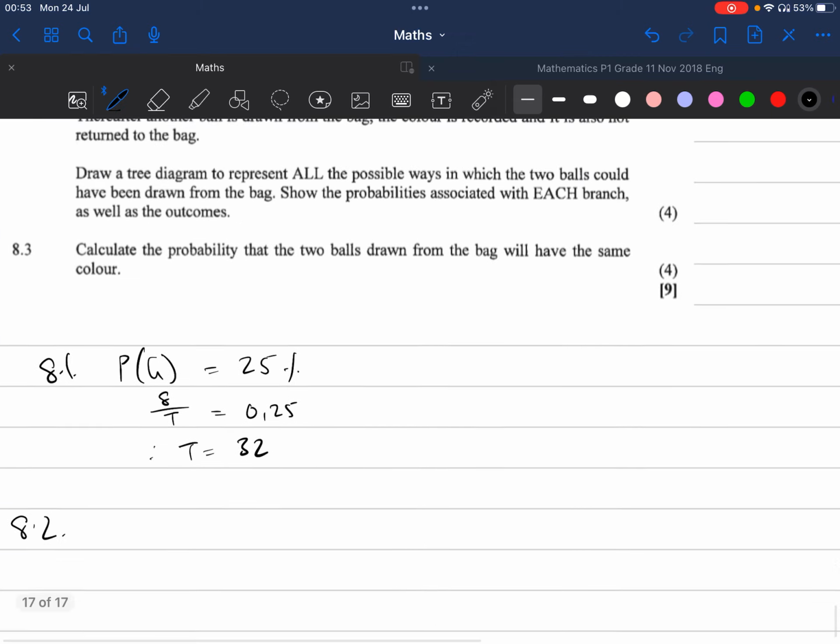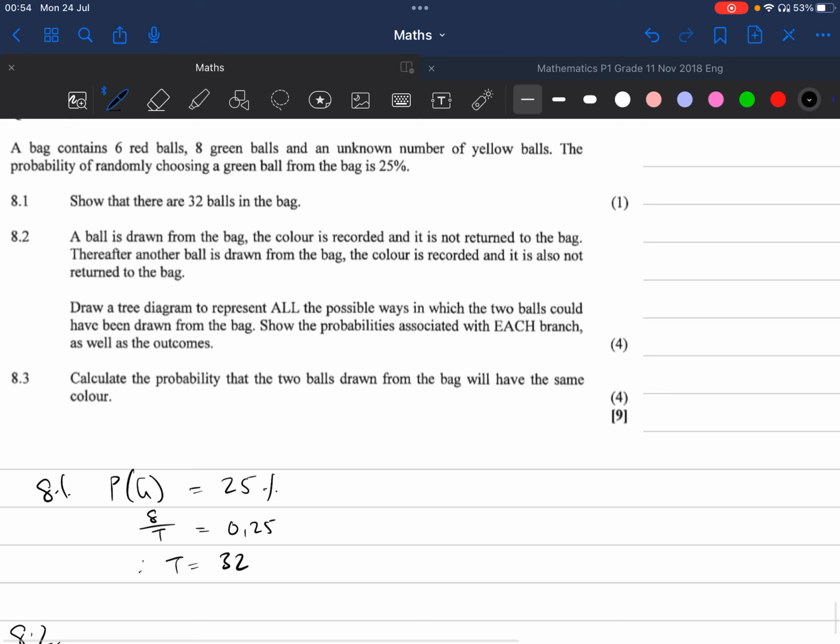Okay, 8.2. A ball is drawn from the bag, the color is recorded, and it is not returned to the bag. Thereafter, another ball is drawn from the bag, the color is recorded, and it is also not returned to the bag. Draw a tree diagram to represent all the possible ways in which the two balls could have been drawn from the bag. Show the probability associated with each branch as well as the outcomes.